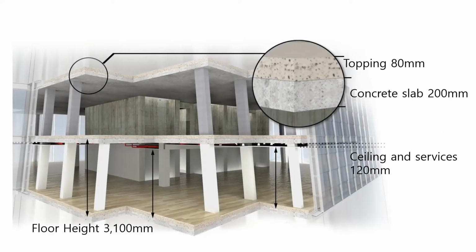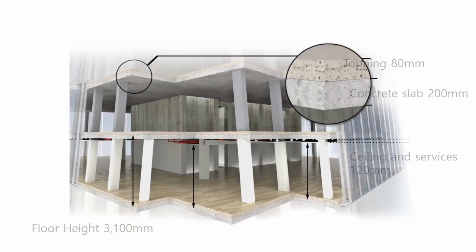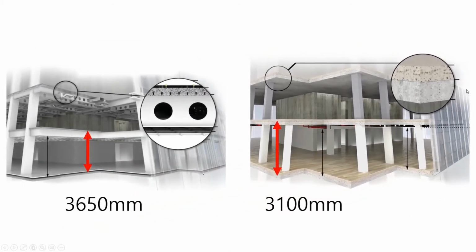This is a section view of the concrete floors. Compared to the composite beam floor, the post-tensioned concrete floor reduced floor height by 550 mm.